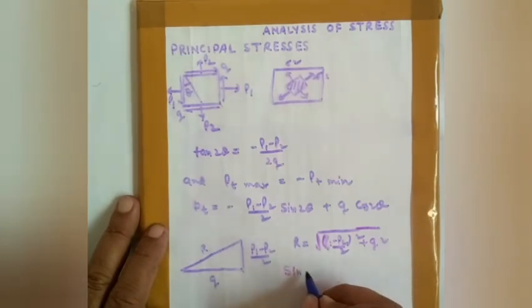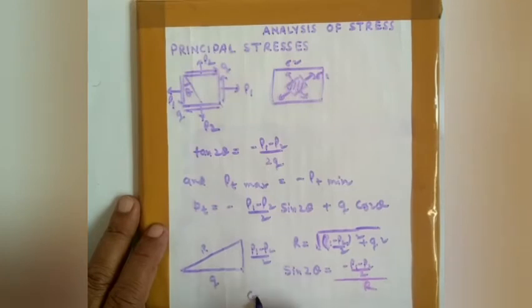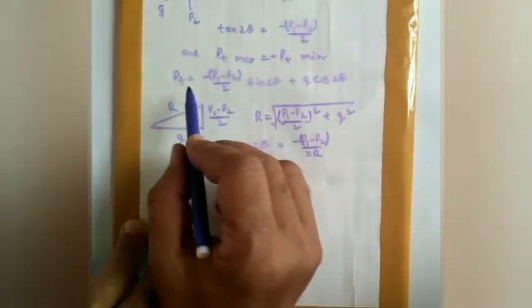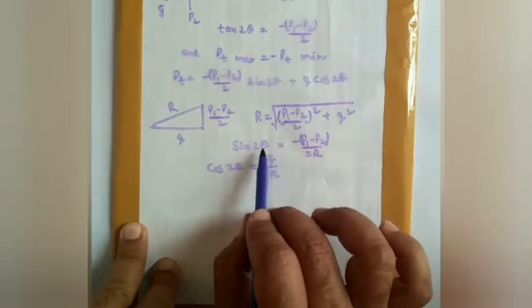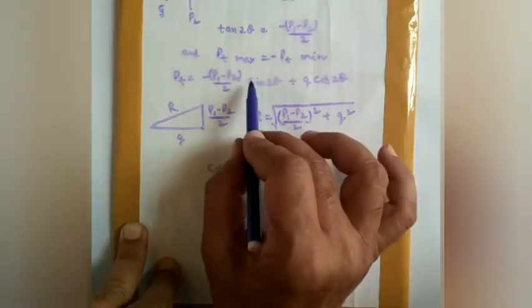So sine 2 theta becomes minus (p1 minus p2) by 2r, and cos 2 theta is equal to q by r. So in order to get the maximum value of Pt, we will put the value of sine 2 theta and cos 2 theta obtained here in this equation.